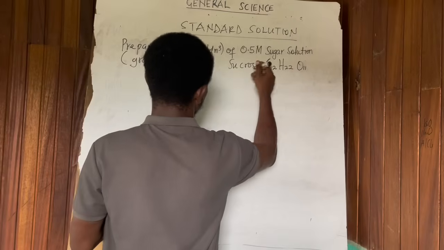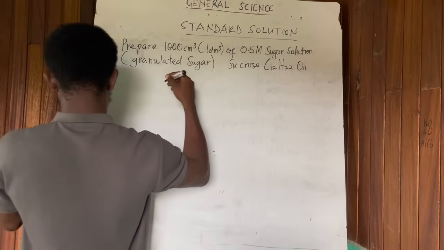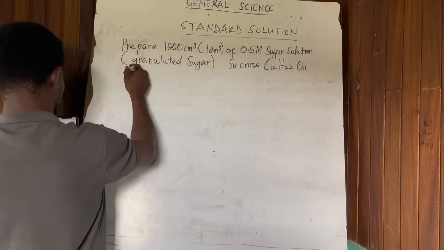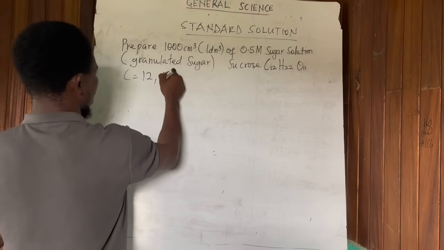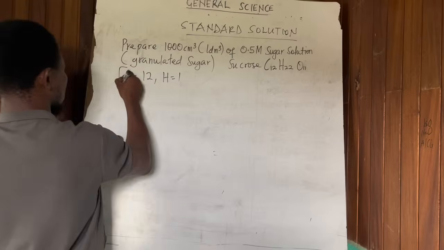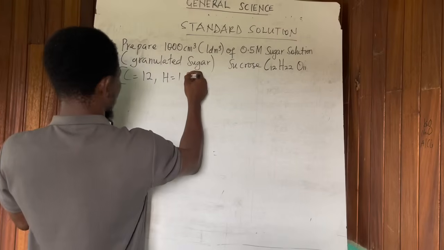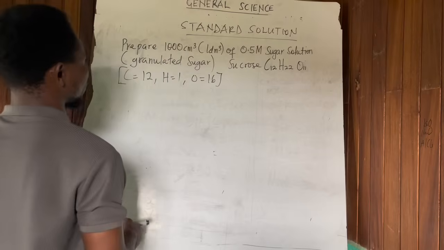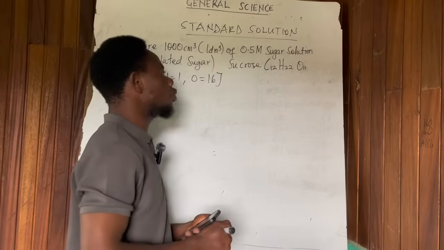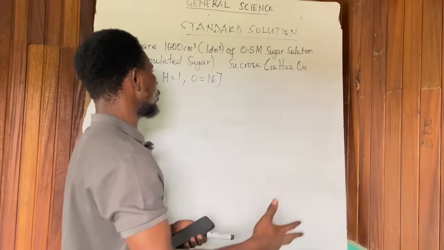Let me give you the values. C is equal to 12, hydrogen is equal to 1, oxygen is equal to 16. So we have to prepare 1000 cm cube of sugar solution.